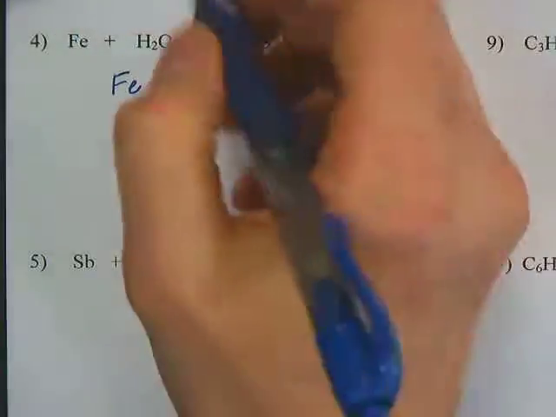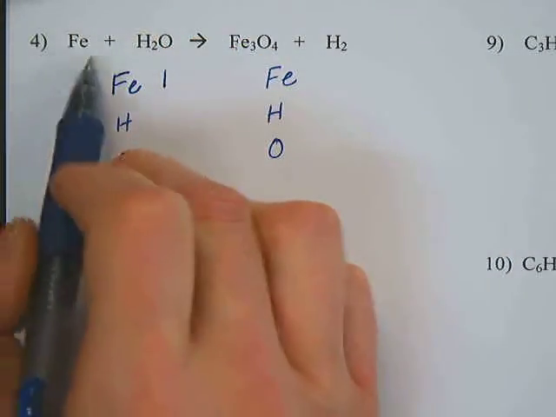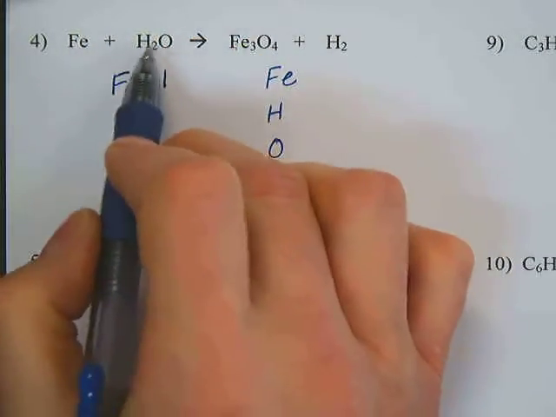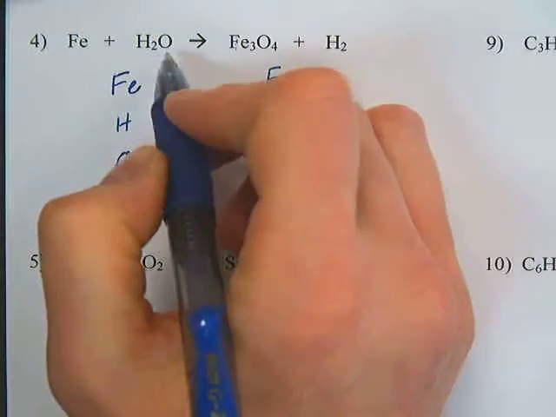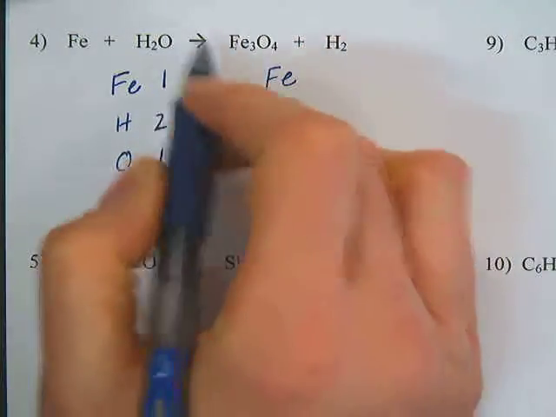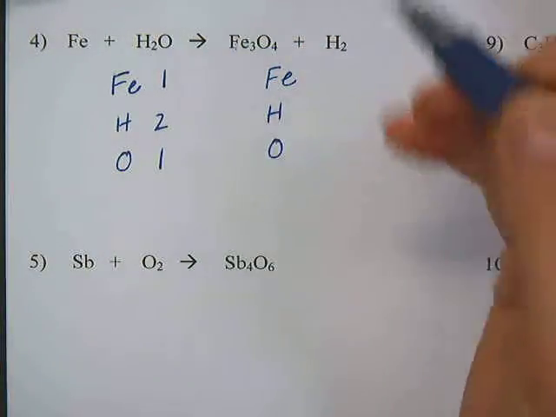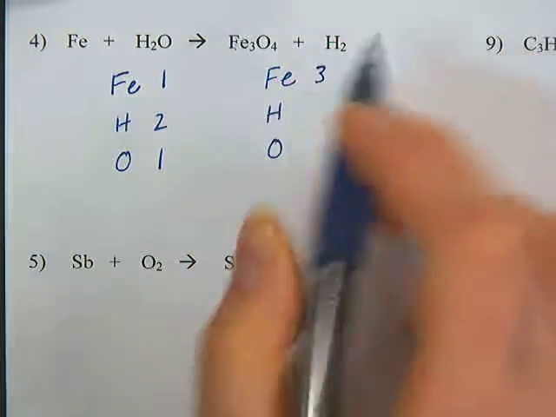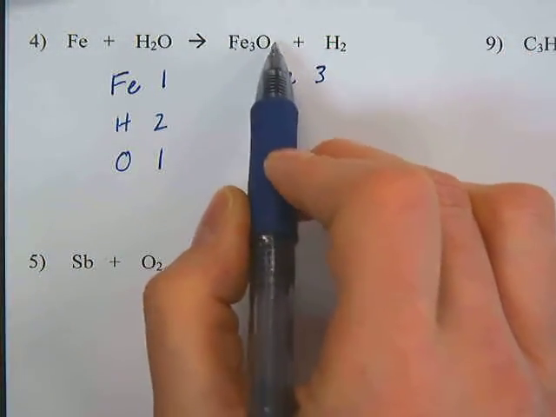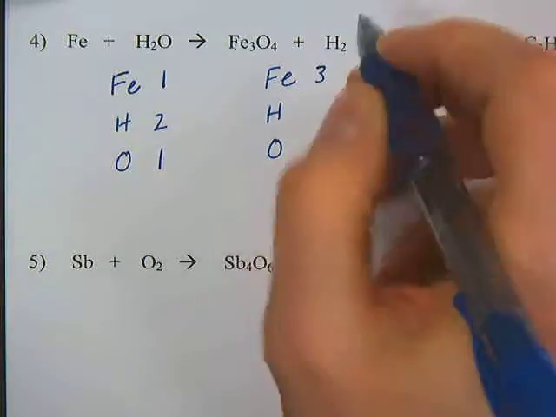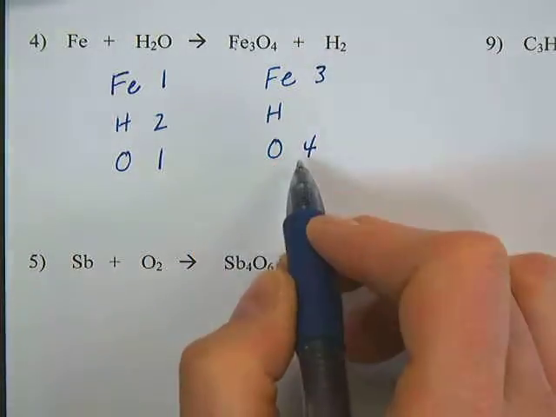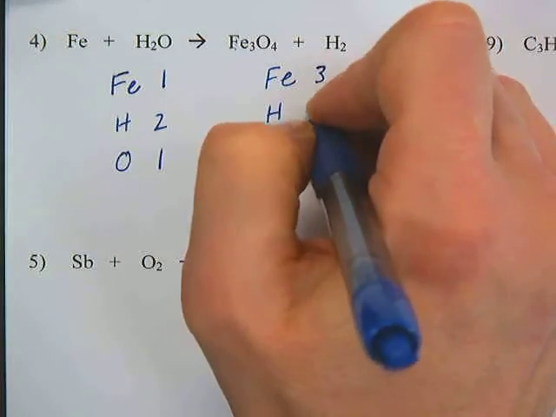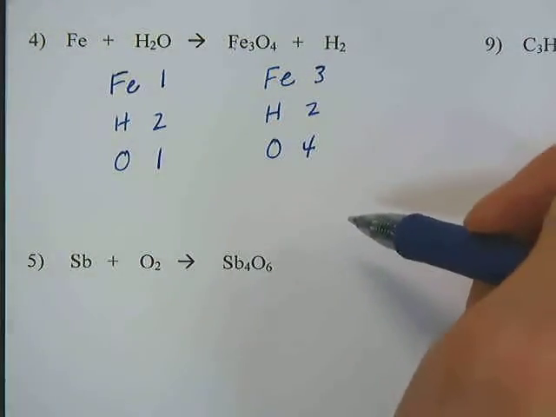So on the reactant side, we have one atom of iron because there's no subscript, 2 atoms of hydrogen, and 1 atom of oxygen because there's no subscript there either. On the product side, we have 3 atoms of iron, and then 4 atoms of oxygen, which make sure you skip down to the O. So we have 4 atoms of oxygen and 2 atoms of hydrogen.